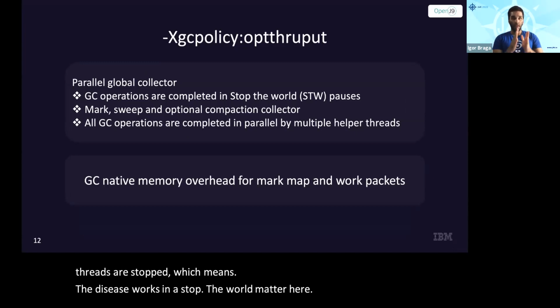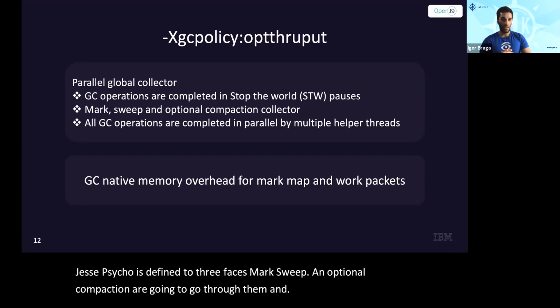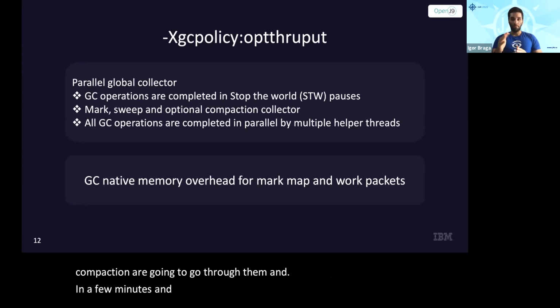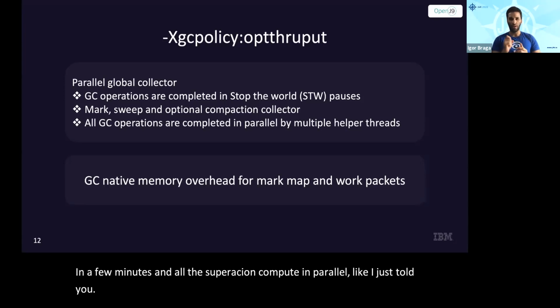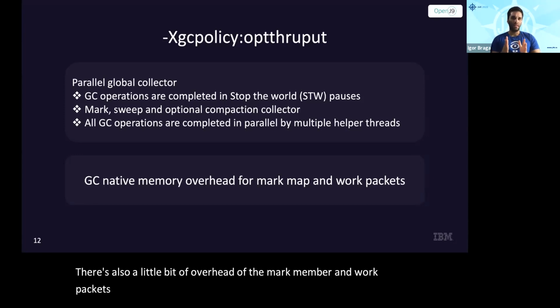The GC cycle is divided into three phases: mark, sweep, and optional compaction. I'm going to go through them in a few minutes. And all GC operations are completed in parallel, like I just told you. There's also a little bit of overhead of the mark map and work packets, which is just some metadata required by the GC to help reclaim the objects.